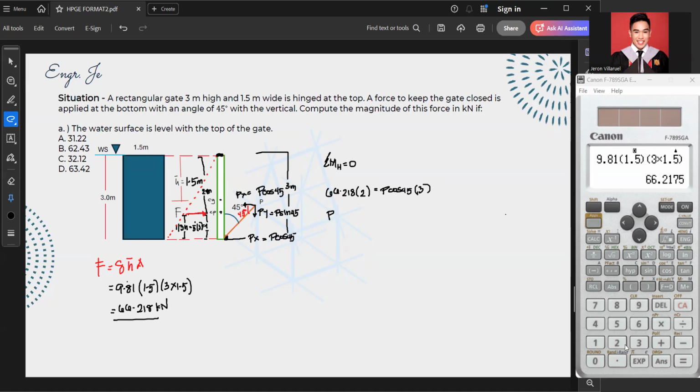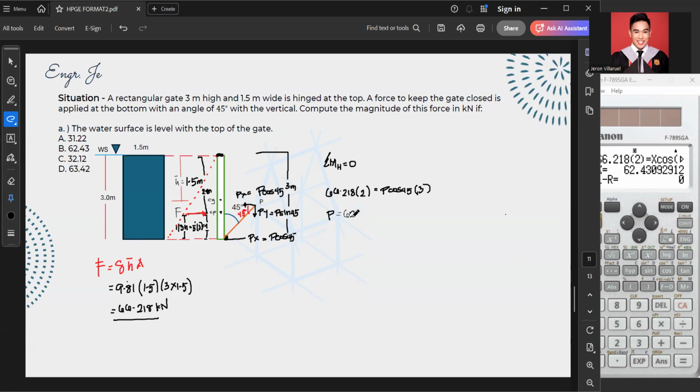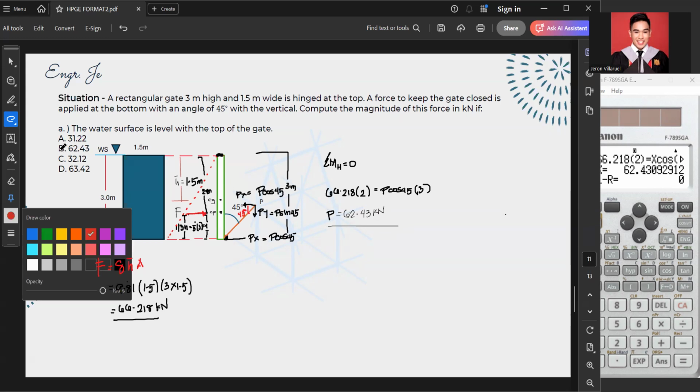That is 66.218 times 2 equals P cosine 45 times the moment arm of 3 meters, and shift solve. That is 62.43 kilonewton. And here, our answer is letter B.